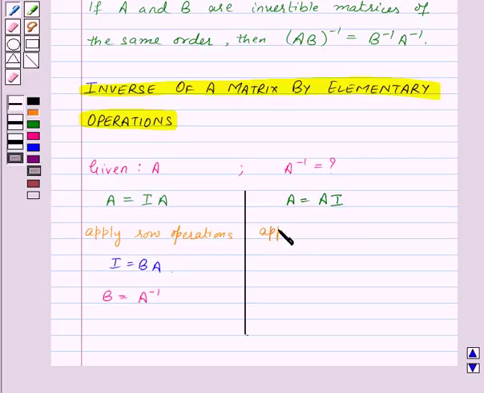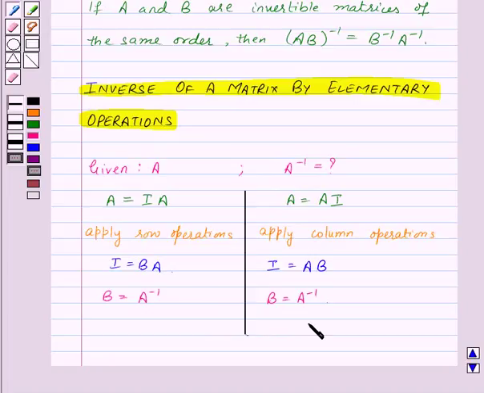Then we will apply a sequence of column operations on A equal to A into I till we get I equal to A into B, where B is the inverse of A. Now, if after applying one or more elementary row or column operations on A equal to I into A or A equal to A into I, we obtain all zeros in one or more rows of the matrix A on left hand side, then that means A inverse does not exist.